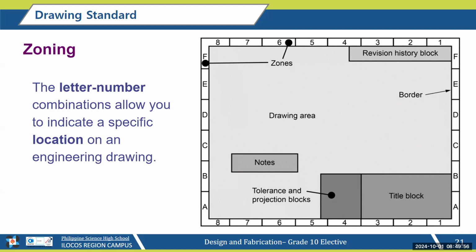This zoning makes it easier to reference particular areas and ensures clear communication when discussing or reviewing the drawing. For example, if someone asks you to check a detail in section B4, you will know exactly where to look.